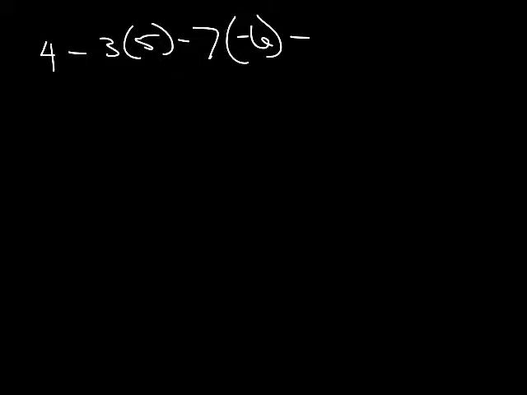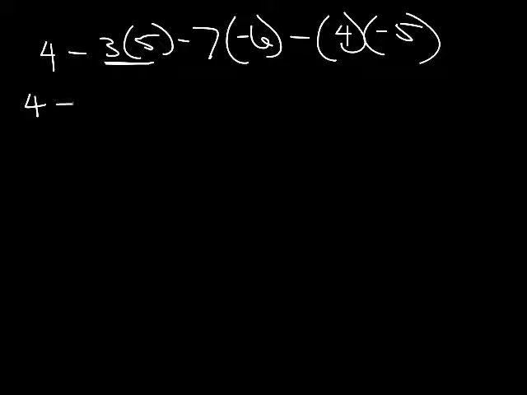When we have something like 4 minus 3 times 5 minus 7 times -6 minus the quantity 4 times -5. Okay, so again, we're going to do our multiplication first. There's one right there.